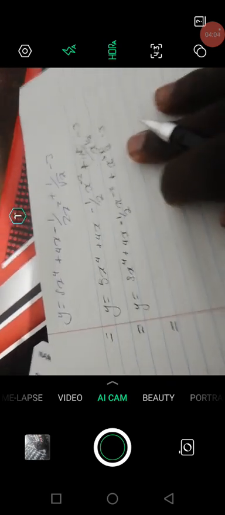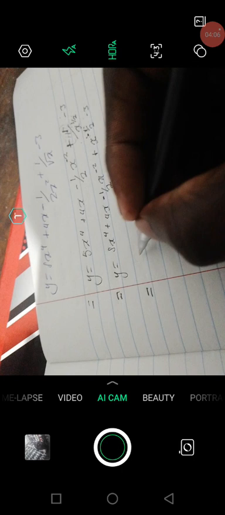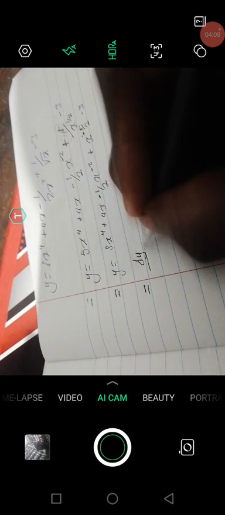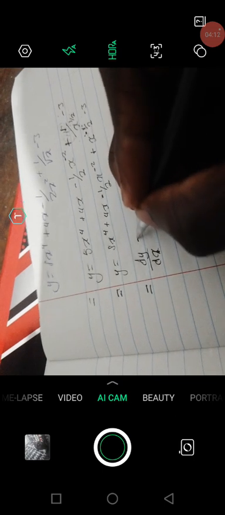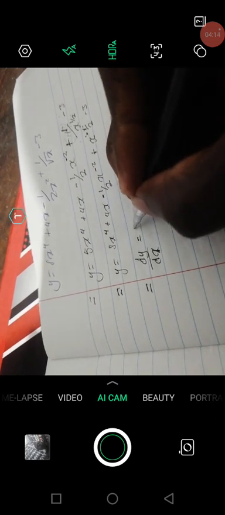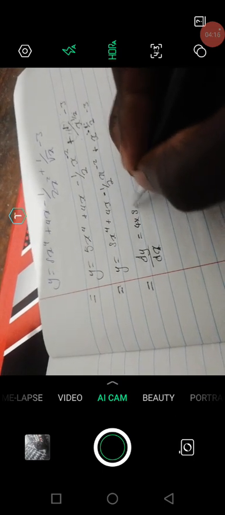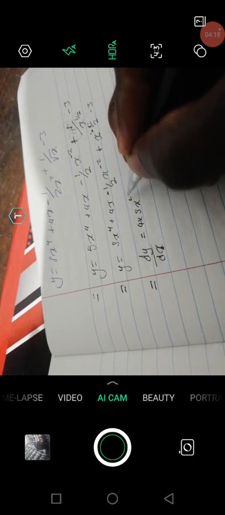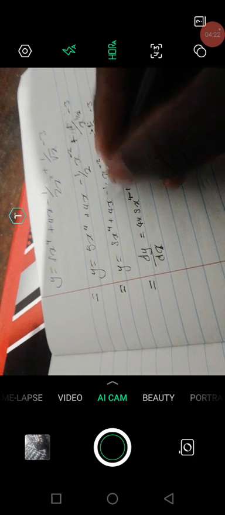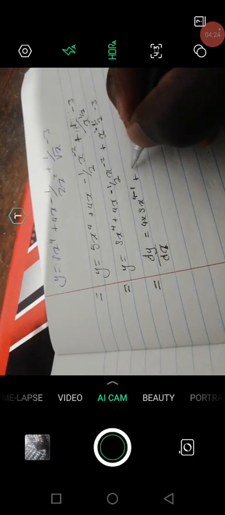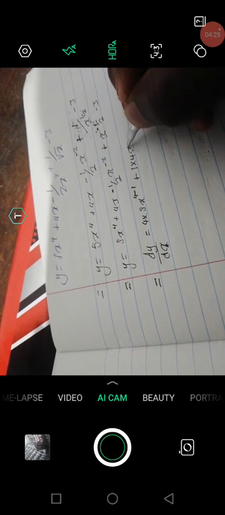Go ahead. I say dy over dx, differentiating in terms of x: the power should multiply with the base, and again the same power should be reduced by 1. Plus, the same applies here, there is a 1. The power, which is 1, has to multiply with the base, and the same power should be reduced by 1.